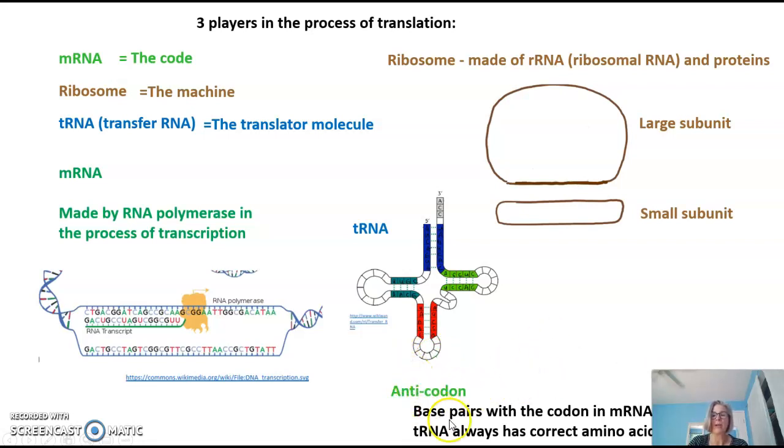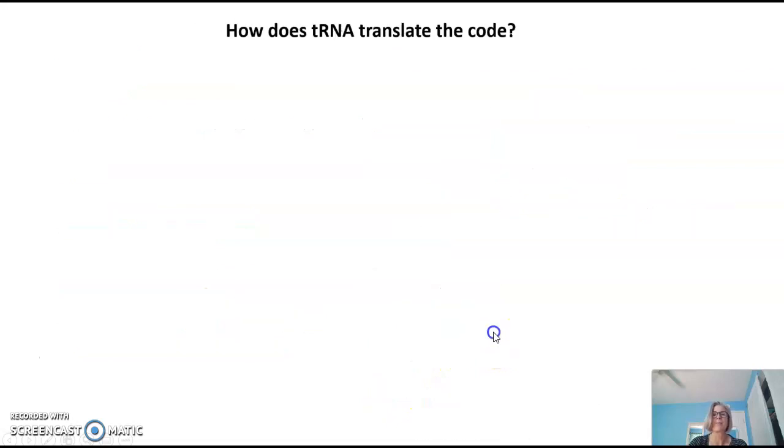The anticodon base pairs with the codon in mRNA. Now, this tRNA with an anticodon will always carry an amino acid on its other end, and it will be the correct amino acid for the codon that this anticodon binds to.